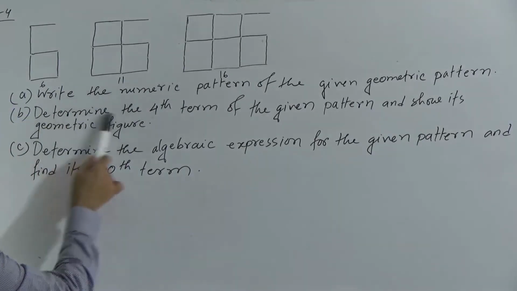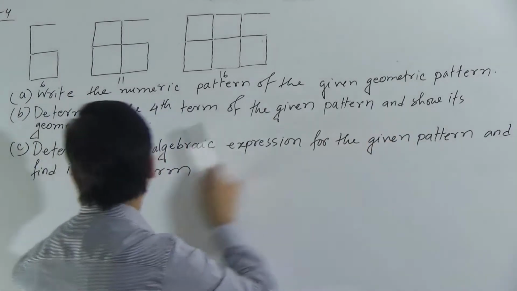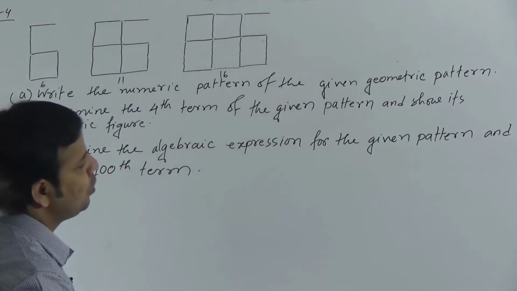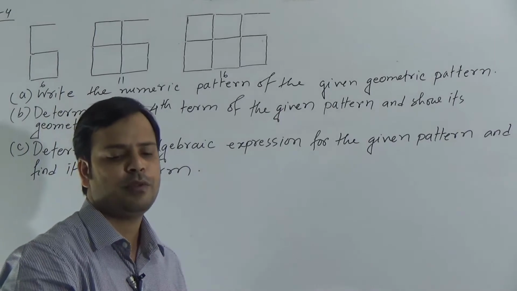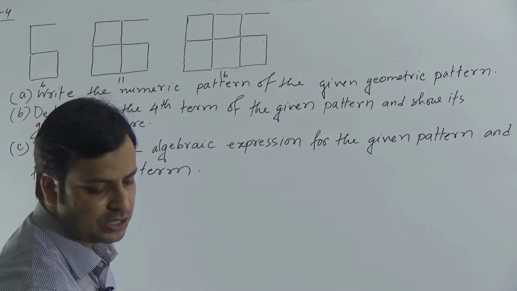Question B: determine the fourth term of the given pattern and show its geometric figure. We have to find the fourth term of the given geometric pattern.